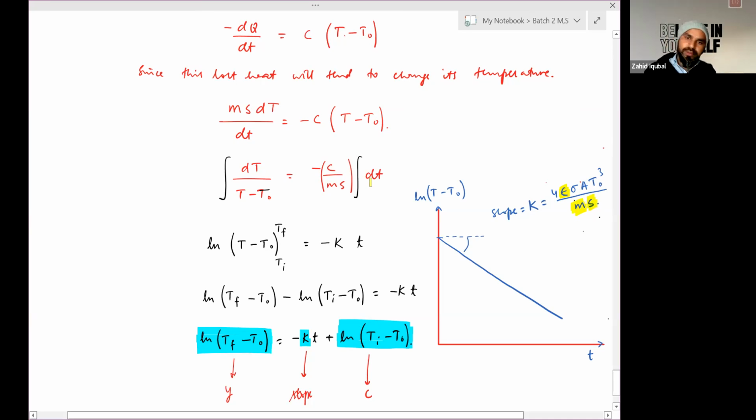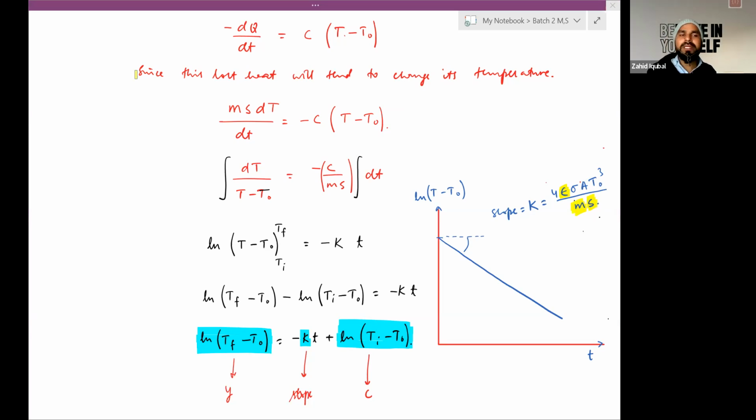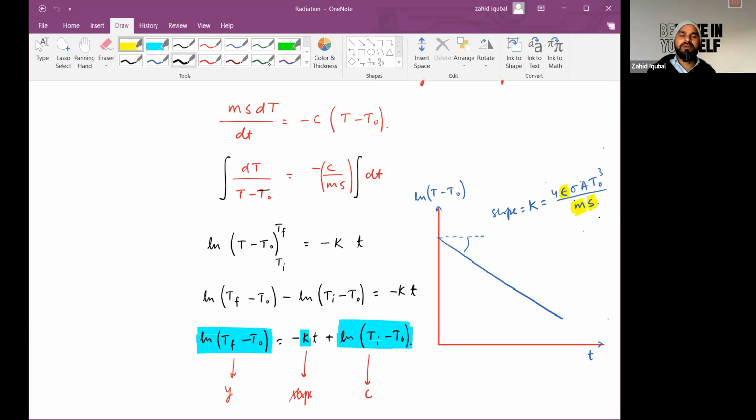So the greater the slope of this curve, the greater the emissivity, but the lesser the specific heat.